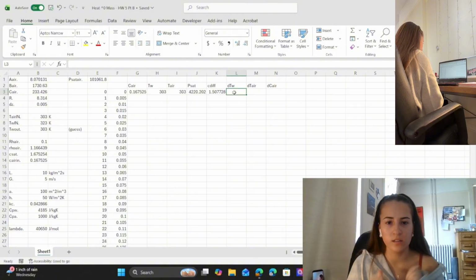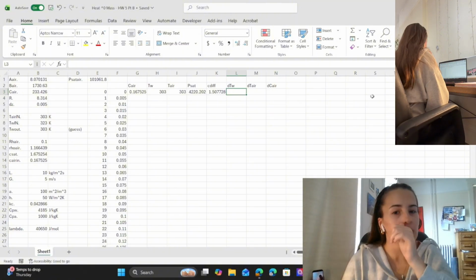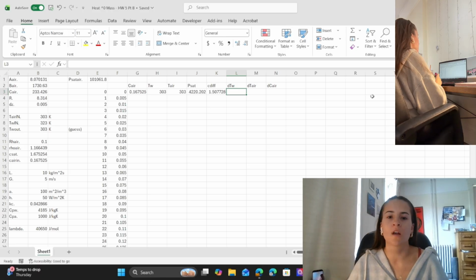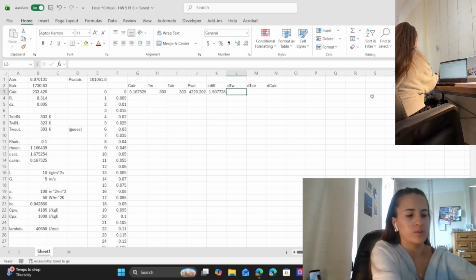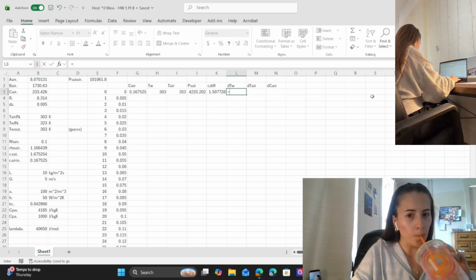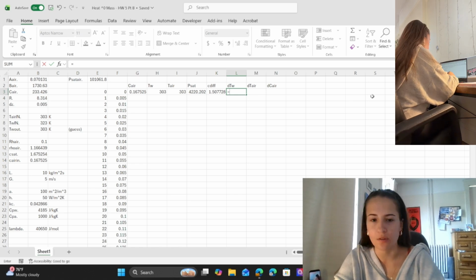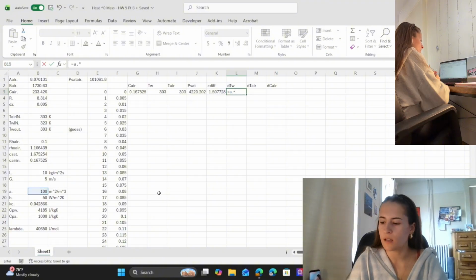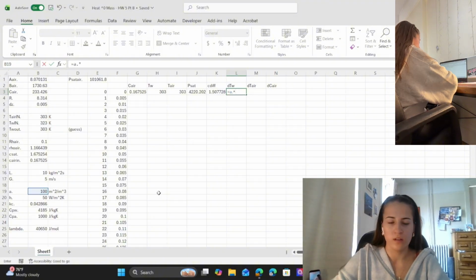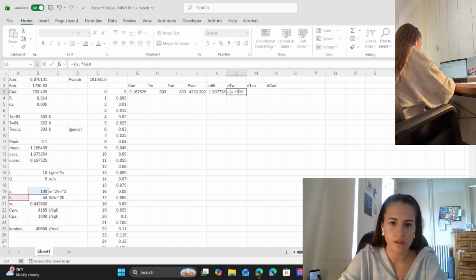And yes, so now we're going to start with typing in our equations that we derived for change in the temperature of the water first. So this is going to be equal to, we have our A times H. I guess I need to put this in parentheses.